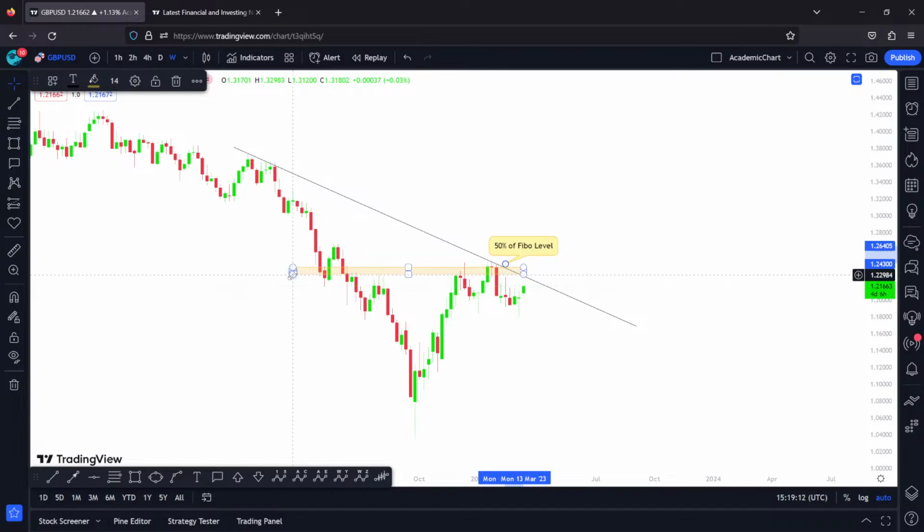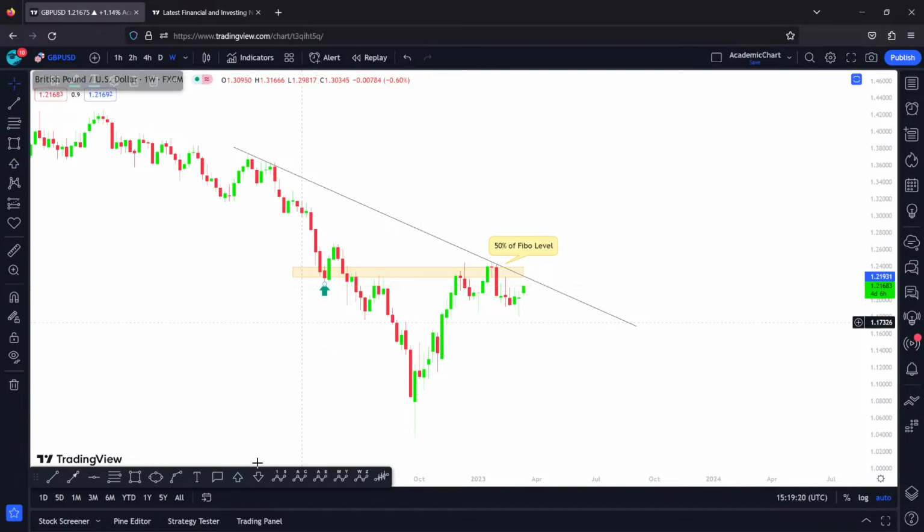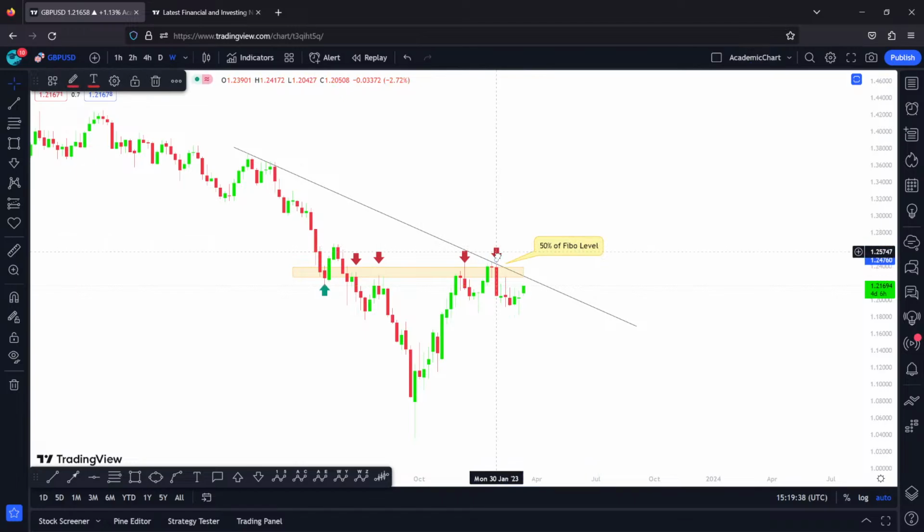I can expand this level a little bit, and I can see price reacted to this as a support here one time. Again, after the breakout, it reacted as resistance here. Another time here, another time with some sort of shadow here, and also next time just a few weeks ago. So I'm happy with what I have found so far: a very important zone and also a good trend line, good information.